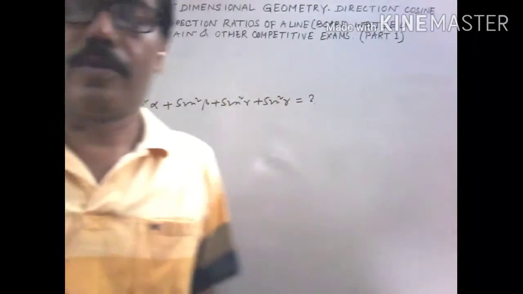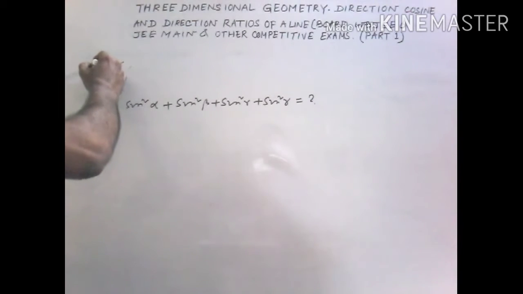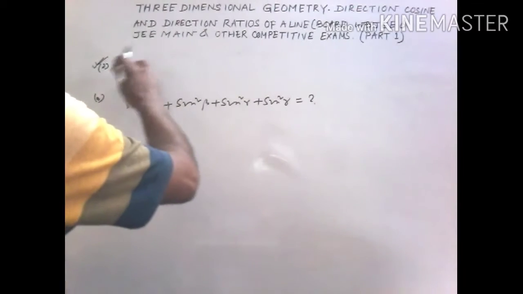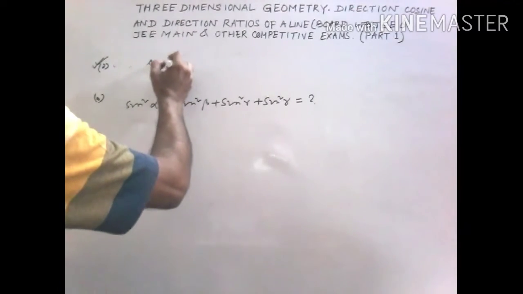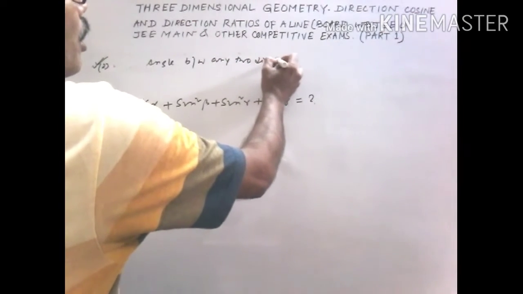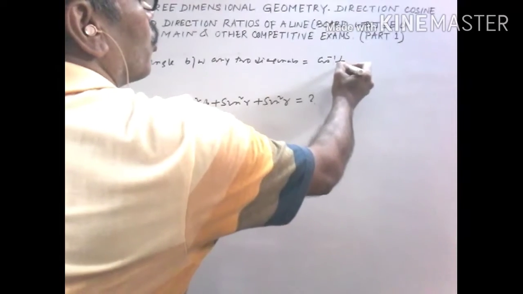So application. We use the previous result now. From the description list, look at problem number 2. Find the angle between any two diagonals of a cube. So the angle between any two diagonals, we have already proved, is cos inverse 1 by 3.